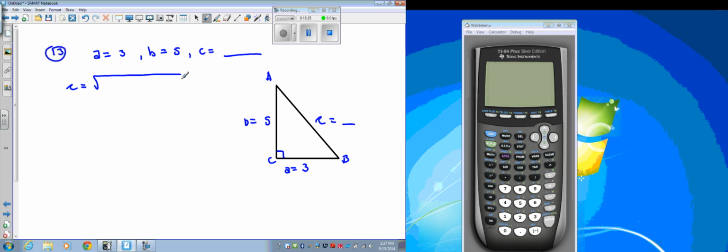When we have these sides given, it's a squared plus b squared equals c squared, right? C squared equals a squared plus b squared. That's the Pythagorean theorem. The sum of the squares of the sides is equal to the square of the hypotenuse. So C is going to be the positive of that.